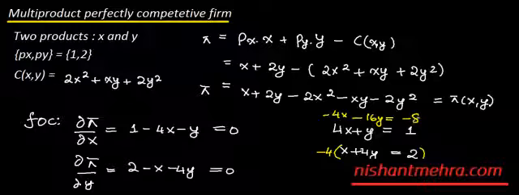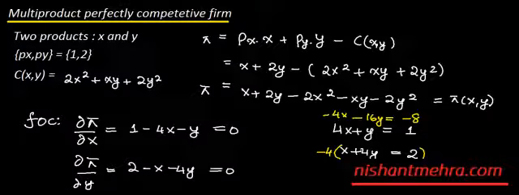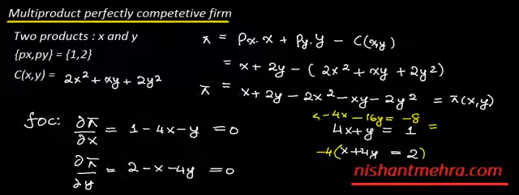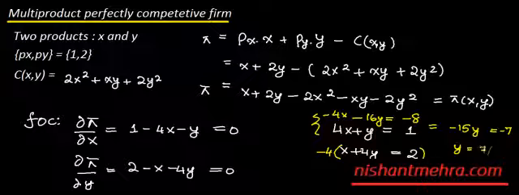Then what you can do is calculate it. Basically just adding these two equations, you'll have minus 15y equals minus 7, or y is equal to 7 by 15.